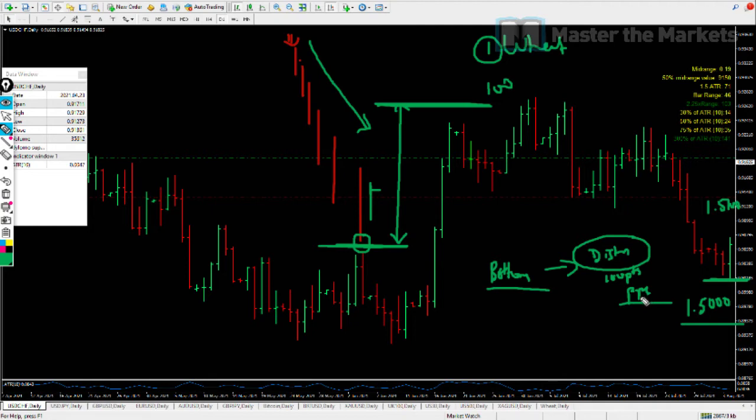Now, since I've used a distance parameter here, until the next bars go to that target point of the 100 points, which is over here, I cannot call this a bottom. Let's say it goes up, it comes down, goes up. It still hasn't hit the 100 points yet. It comes down.